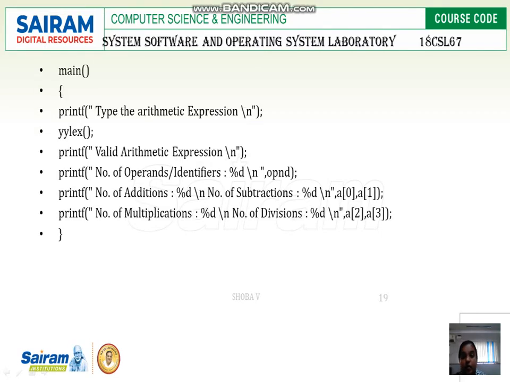Then comes the main section, which is the C code section. In this main section the execution starts, and LEX analyzes the input using the function yylex. In this printf, we ask the user to type the arithmetic expression, and we see whether it is a valid arithmetic expression, and see the number of operands, number of additions and number of multiplications.